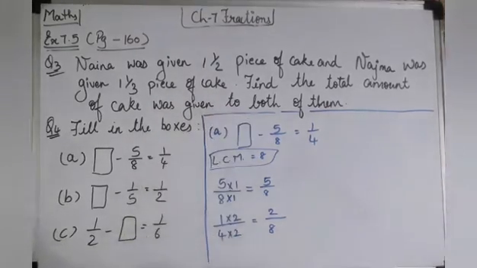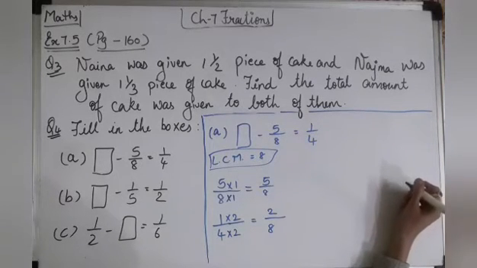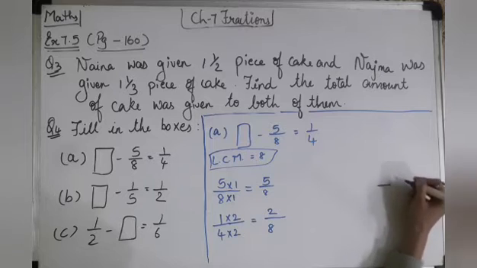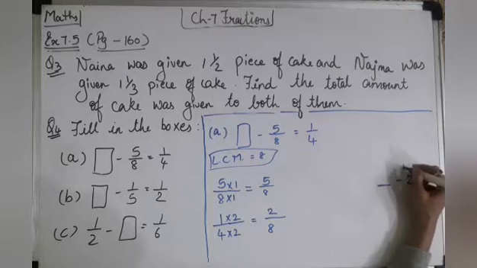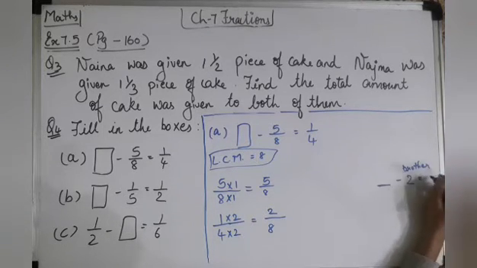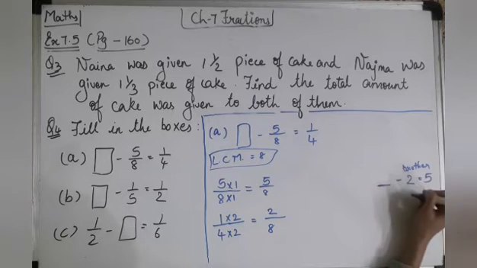For example, you are having some chocolates, from that you have given 2 to your brother, and now you are having 5 chocolates. So before you were having 2 more also, right? And now you are having 5.